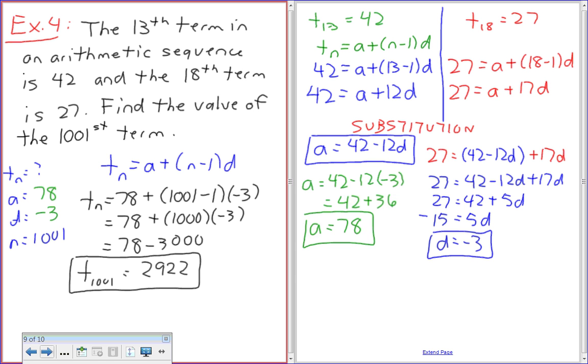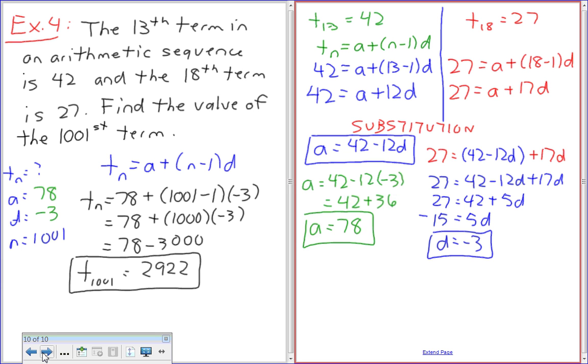Yes. Okay, is there any way I can make both of them equal A and then have one equal the other? What do you mean? Oh, this one here? Yeah, you could have done that. I mean, we have both of them, like A equals 42 minus 12B, and then A equals 27 minus 17B. You like substitution better? Is that what you're telling me?